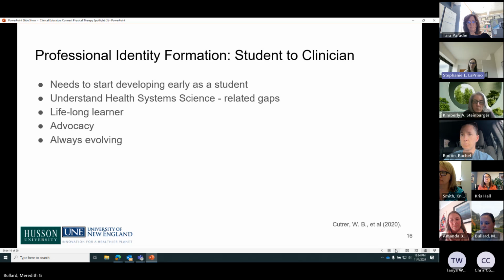The other thing with the professional identity formation is getting them to understand health system science, health systems as a whole. Where do you fit in as a student, as a PT student, but also as a PT after you graduate? Where do you fit in amongst the entire healthcare systems that you're going to be working in?